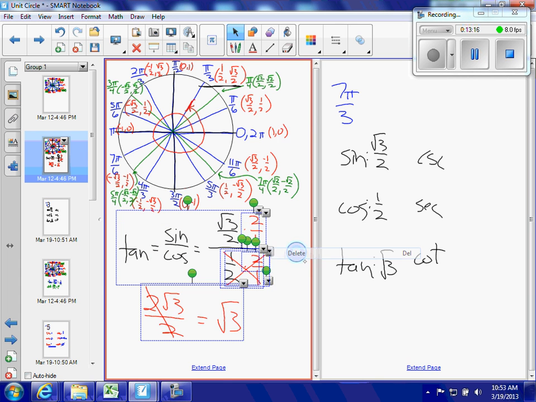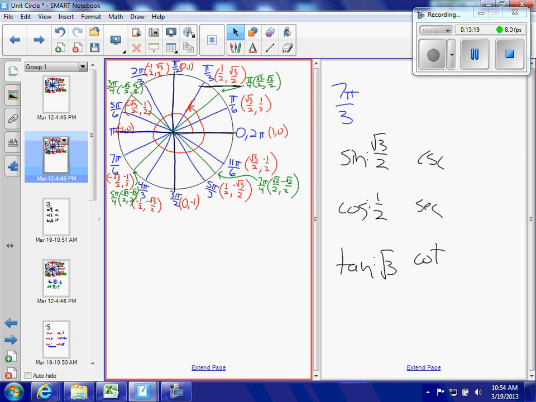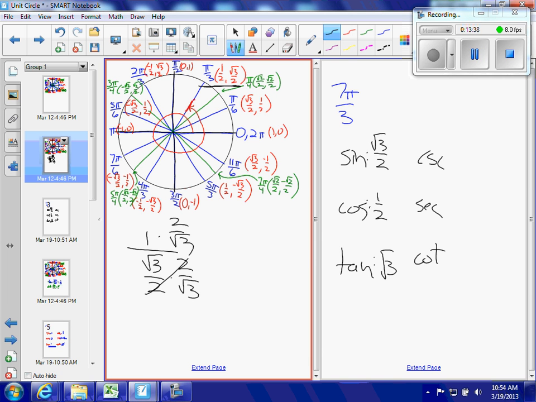How about cosecant? Well, cosecant is 1 over sine, so I would have 1 over radical 3 over 2. That's the reciprocal. In other words, I'm multiplying by the reciprocal on the bottom and the reciprocal on the top. So those cross off, and it's equal to 2 over radical 3.